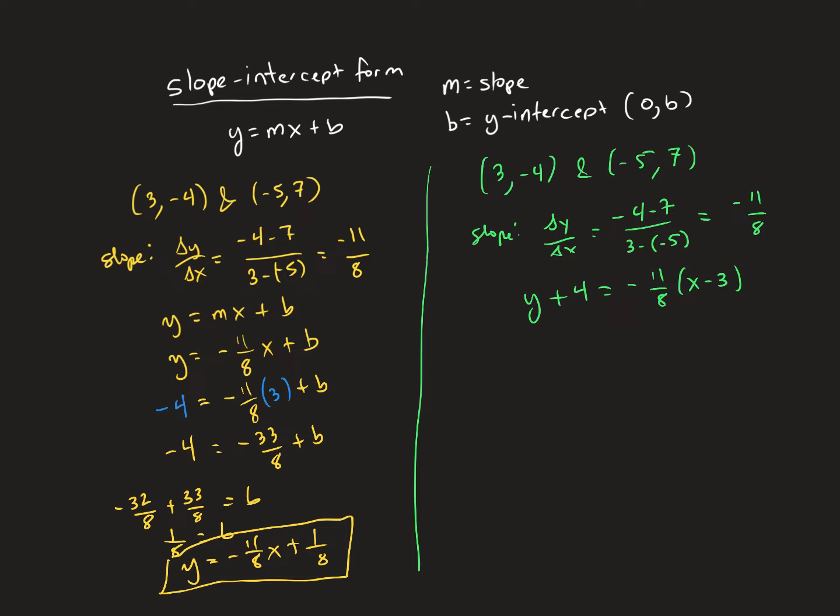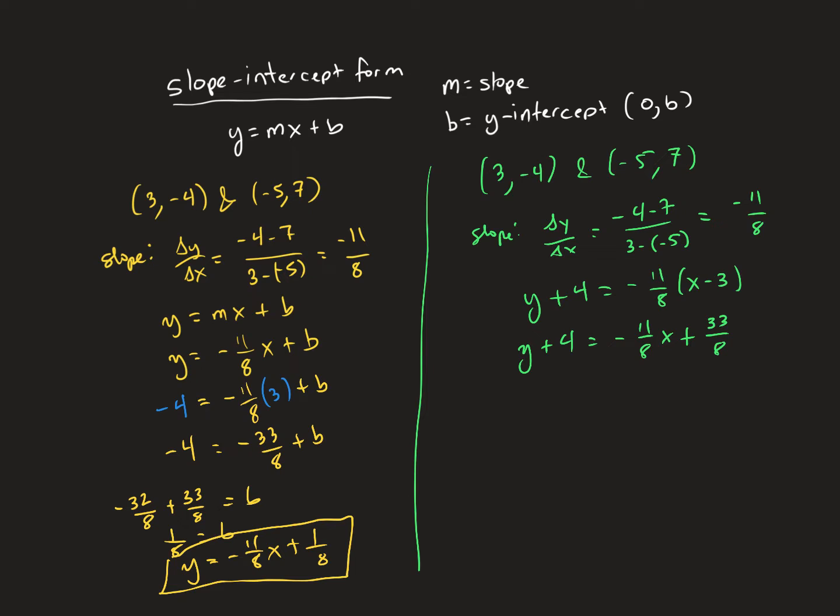And then what we're going to do is we're basically going to get this to look like slope-intercept form by getting the y by itself and distributing that negative 11/8 and getting everything combined. So I'm going to go ahead and distribute the negative 11/8 first. Negative 11/8 times x is negative 11/8 x. And negative 11/8 times 3 is positive 33 over 8.